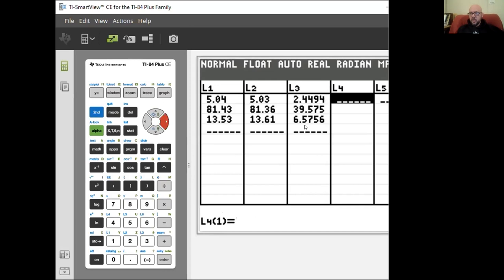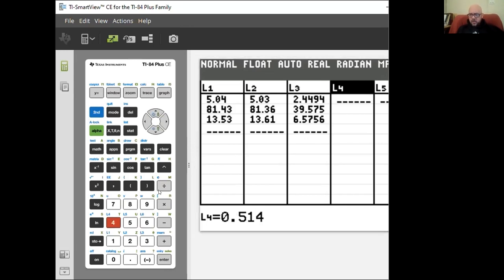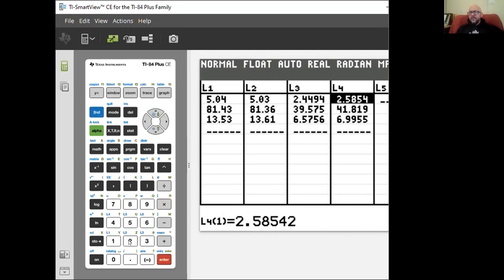Then over here I'll do 0.514 times L2. I ended up typing a total of 4 fewer numbers than I would otherwise have. So this is very slightly quicker than typing them all at once. It also has the added advantage of not making you do one and write it down, then do one and write it down. You can just do them all, and it retains all the answers, which is probably the best reason to do it, to be honest.